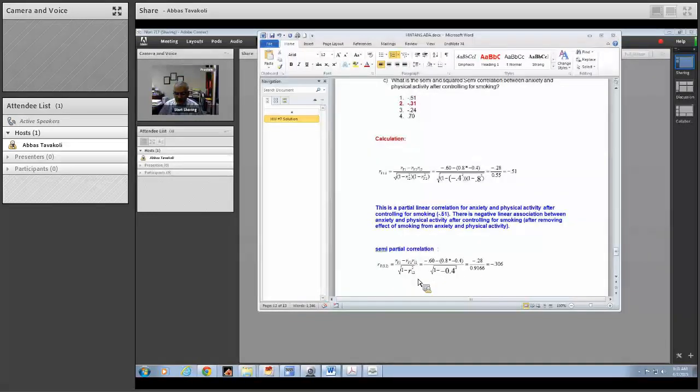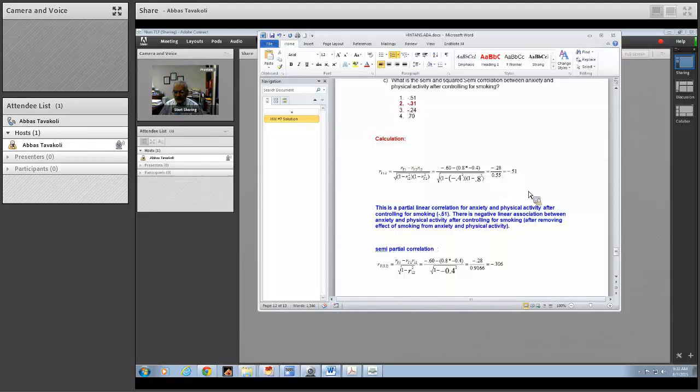And again, here the denominator is 1 minus the squared correlation between physical activity and smoking, which is negative 0.4 squared, times 1 minus the squared correlation between anxiety and smoking, which is 0.8 squared.